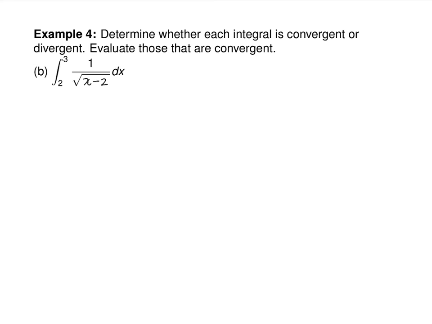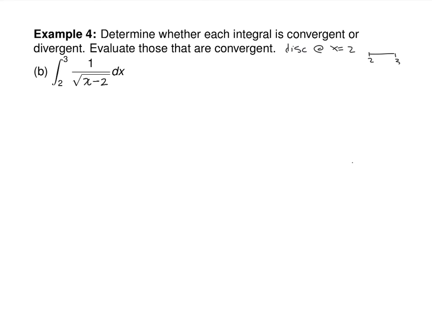With some improper integrals, it's not quite as obvious why they're improper, but another instance is when you have a discontinuity in your function. So notice here that this function is discontinuous at x equals 2 because the denominator is 0. And our interval is from 2 to 3.